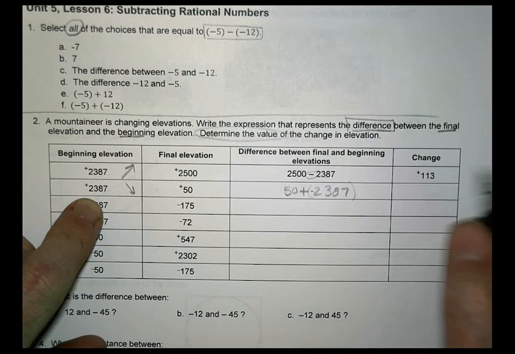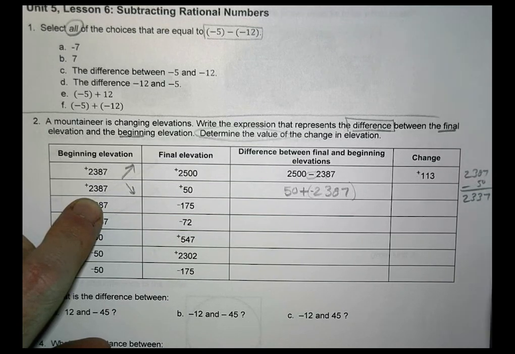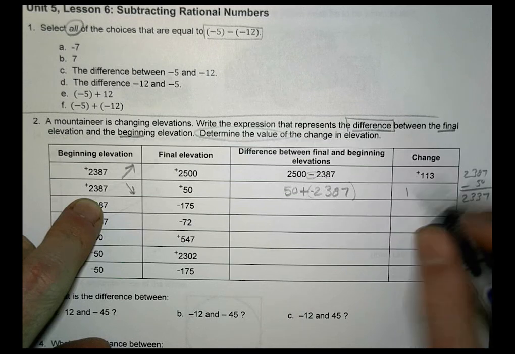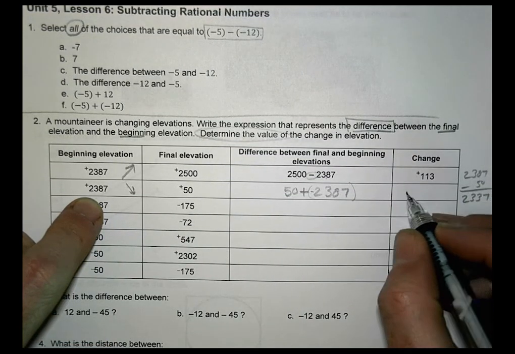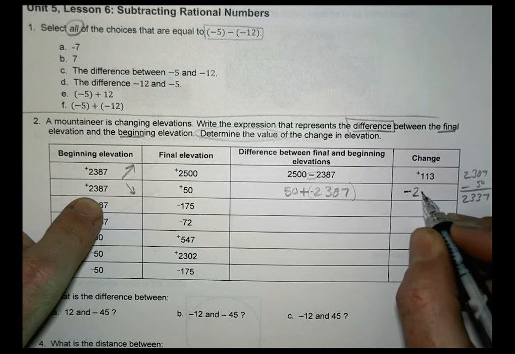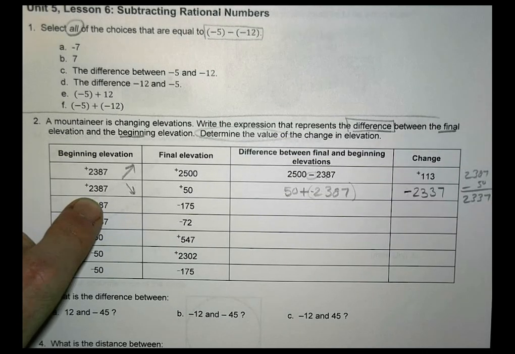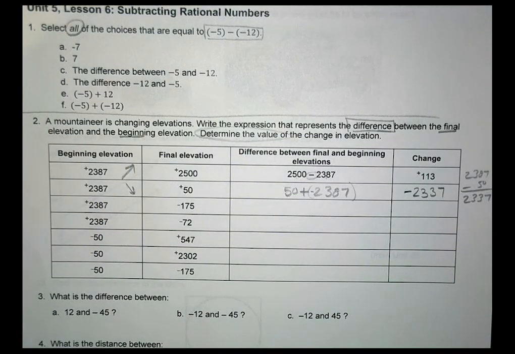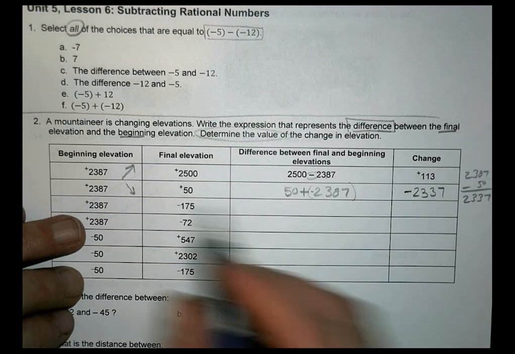Now the signs are different, so I do 2387 and I subtract 50 and I end up with 2337. So we have a change of decreasing 2,337 feet. There's a big drop in our elevation.